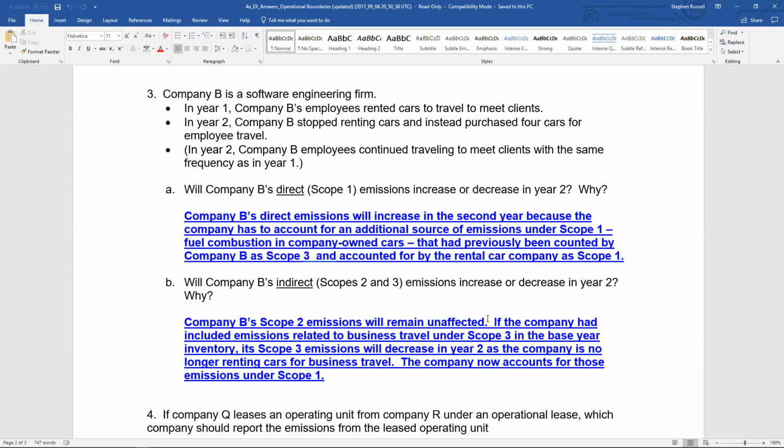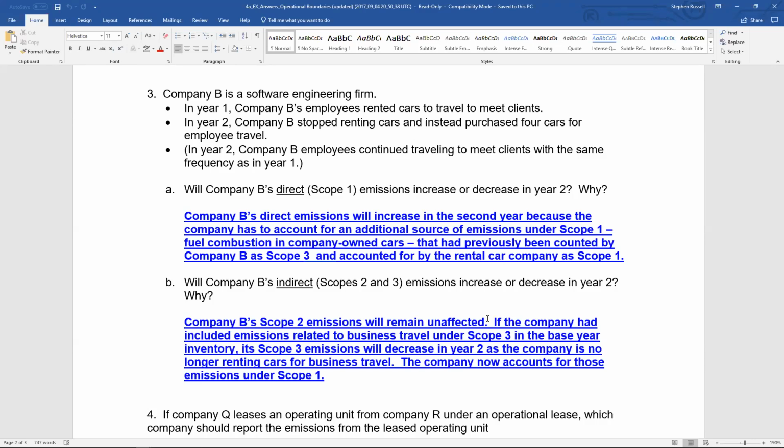Here, the direct emissions will increase in the second year because this time the company is insourcing the emitting activity. It's purchasing and it now owns its own vehicle fleet. Again, assuming that the company did not purchase electric vehicles, Scope 2 emissions would be unaffected. And Scope 3 emissions will decrease in year 2 because the emitting activity has been insourced.